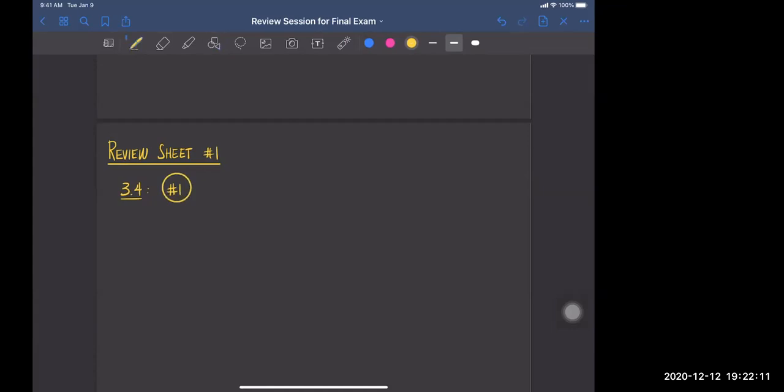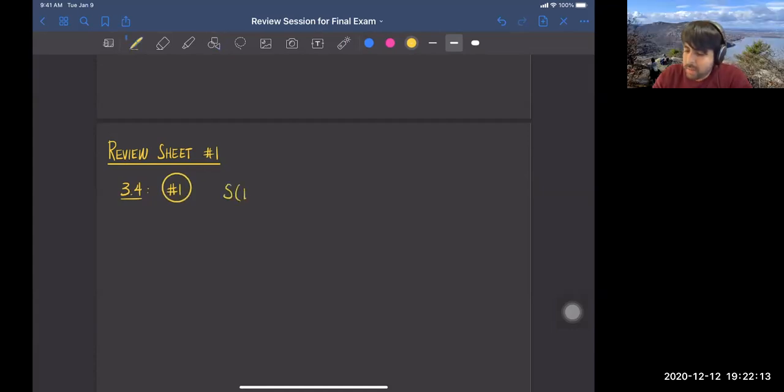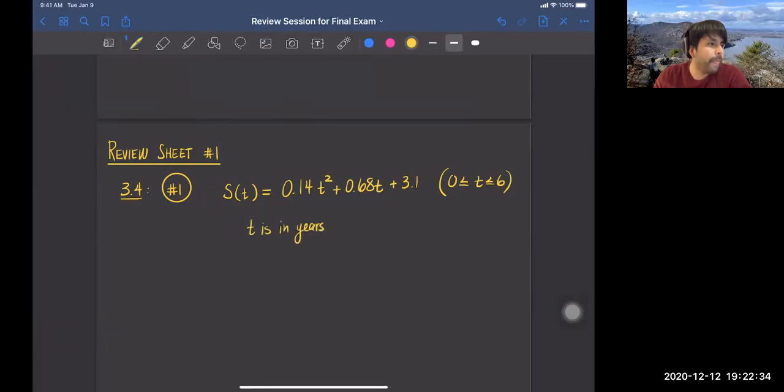So then we have a function s of t, which is 0.14 t squared plus 0.68 t plus 3.1, and that's between 0 and 6. T is in years. And t equals 0 corresponds with 1997.